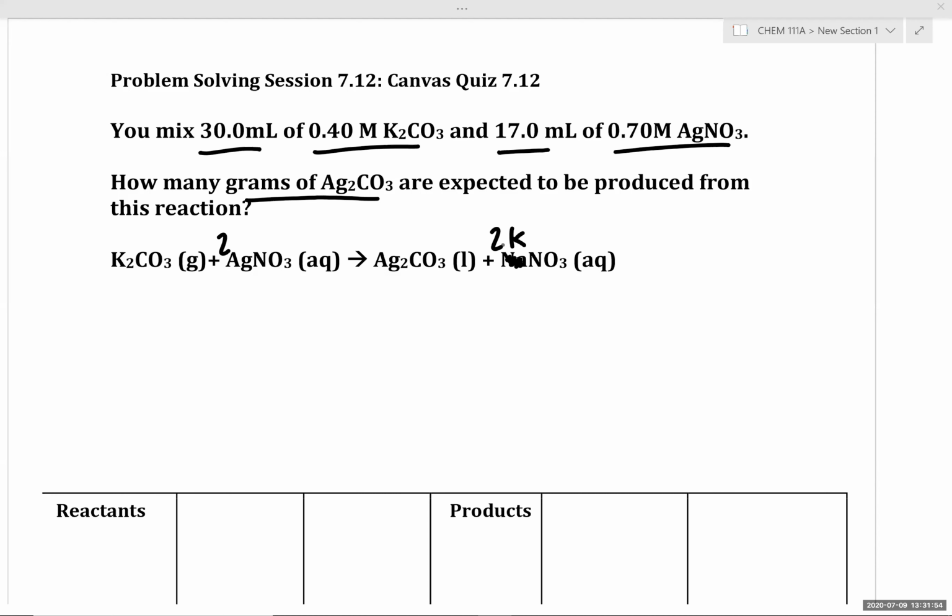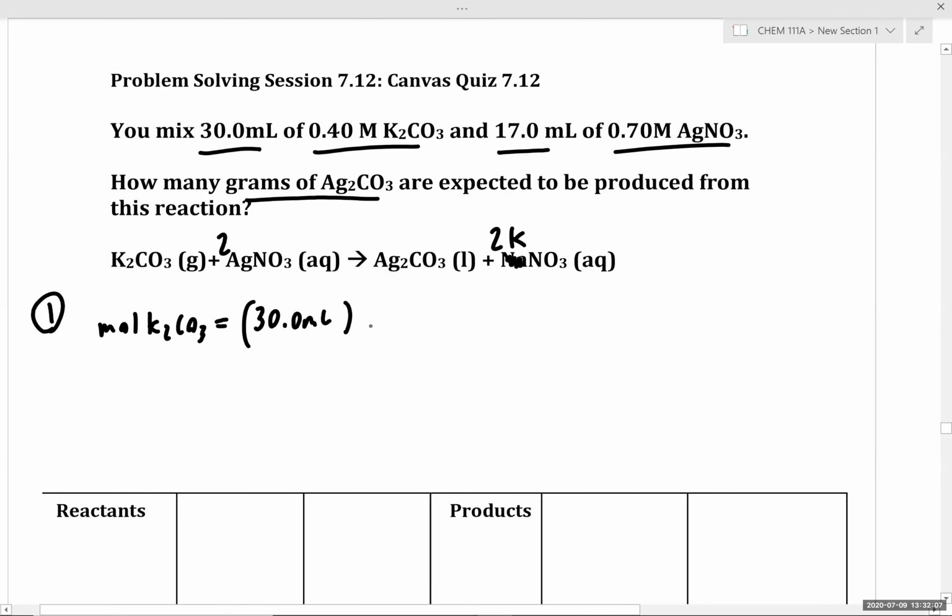Okay, so let's discuss this example. So first and foremost, let's calculate the moles of each of our chemical species. So the moles of potassium carbonate, we have 30.0 milliliters. We know that we have 10 to the negative third liter per mil, and we have 0.40 moles of potassium carbonate in 1 liter.